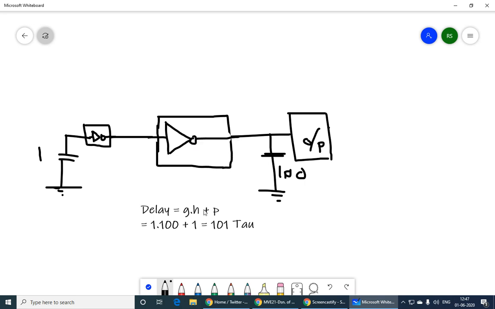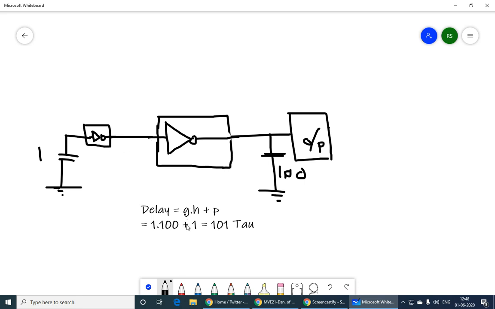Now we can use the method of logical effort. We know n equals 2, because I have one gate here, one gate here, and the output is 100, which is fixed. By the method of logical effort, with two stages, each stage effort should be the square root of 100, which is 10. So 10 plus 10, that is 20, plus 1 plus 1.